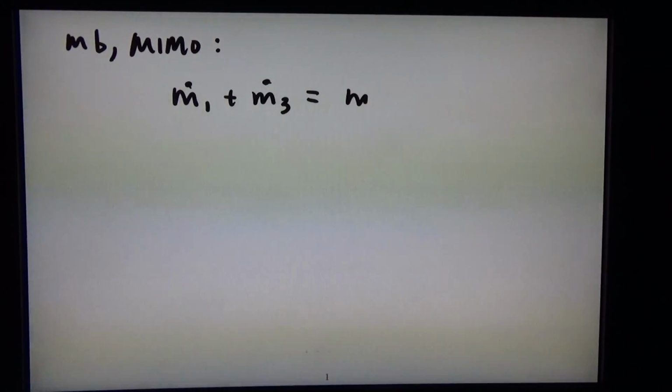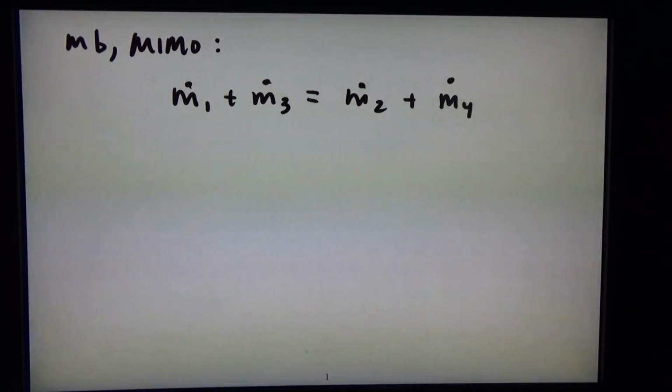What we end up with for the heat exchanger, we start off and it looks like m dot 1 plus m dot 3, those are the mass flow rates at the inlets, is equal to the mass flow rates at the exits.